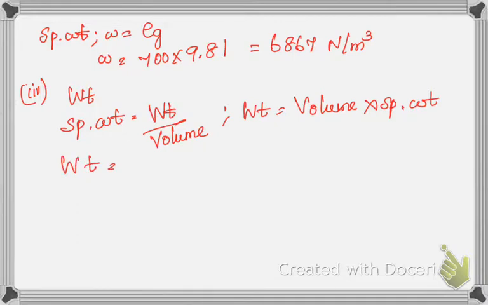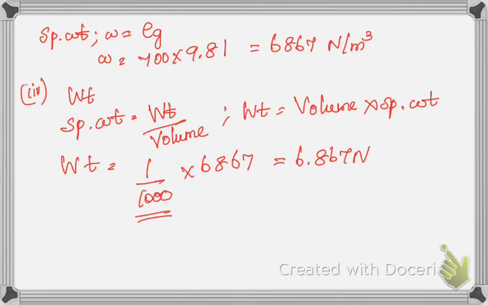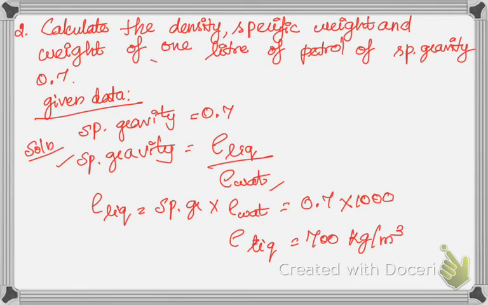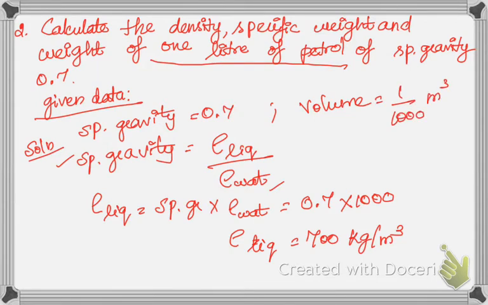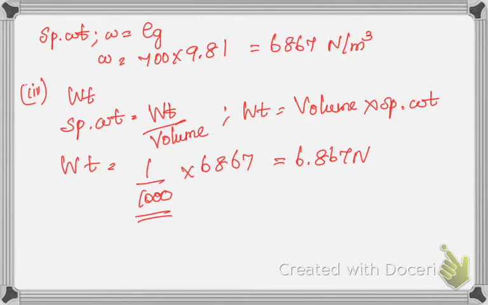Volume is given in the problem as 1 by 1000 and specific weight is 6867, which is equal to 6.867 Newton. Where does this 1 by 1000 come from? In the problem they have given 1 liter of petrol, so my volume will be equal to 1 by 1000 meter cube. This is the volume of petrol. This is how you have to solve the problem.